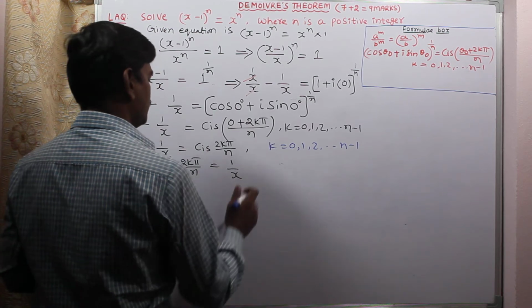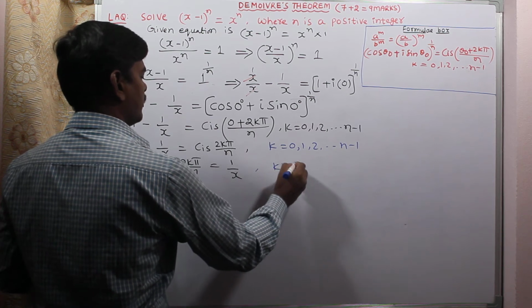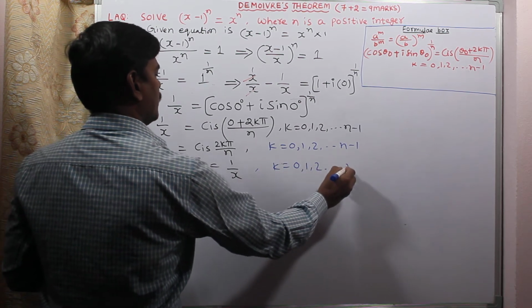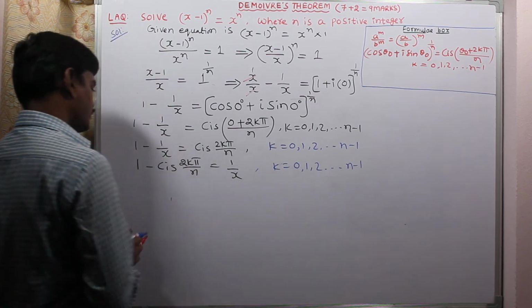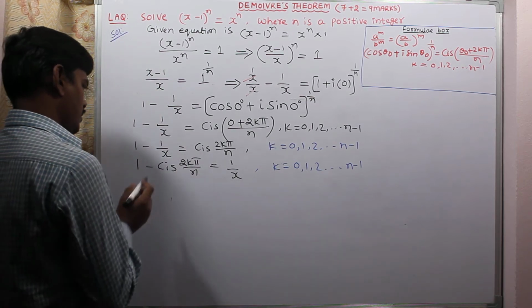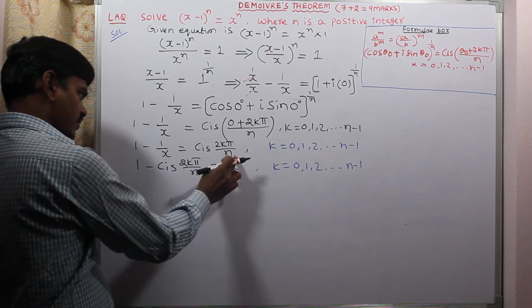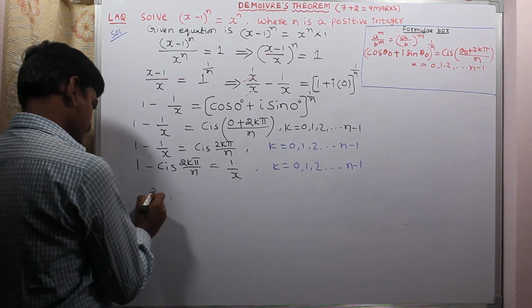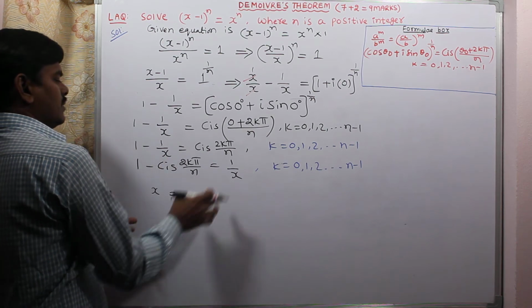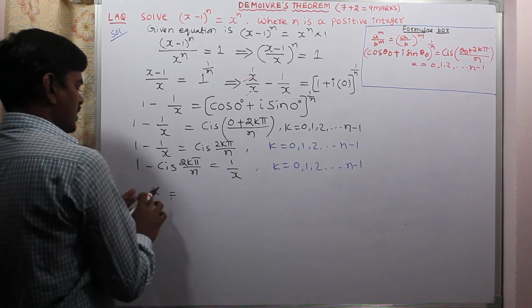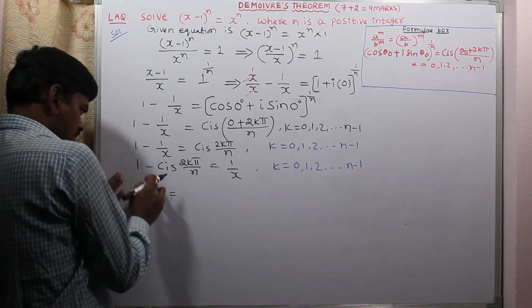So we should mention the value of k for each and every step, n minus 1. Now we want to find x. 1 by x is this one. If 1 by x is this one, x becomes the reciprocal. Reciprocal of 1 by x is what? x. So reciprocal of this term.